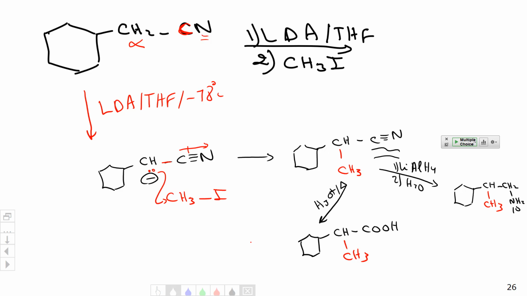So I'm just reminding you that whenever there is a nitrile, there is a possibility of hydrolysis to go to the carboxylic acid or reduction to go to the amine. Does this make sense, guys?